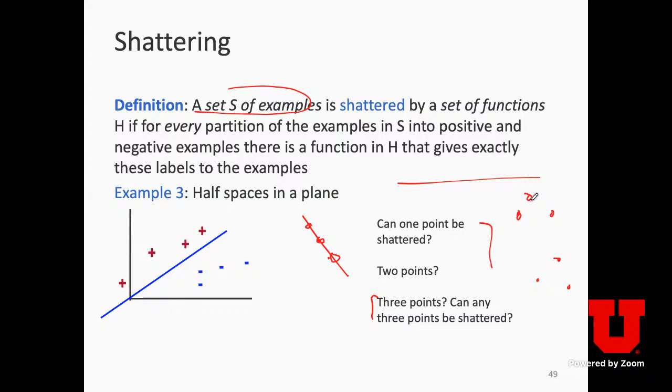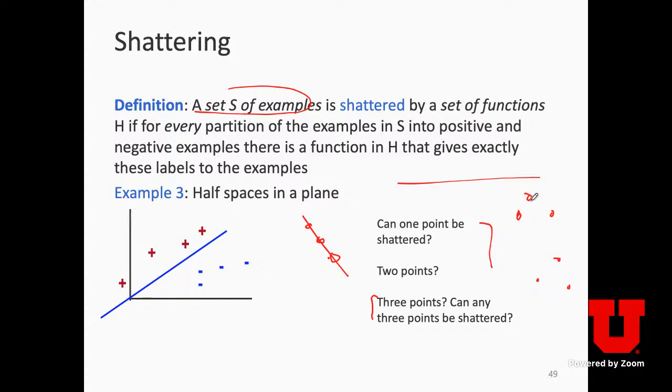So if we talk about a line, it can shatter any combination of 2 points, any possible set. But with 3 points, it can shatter a lot of them, but not all of them.